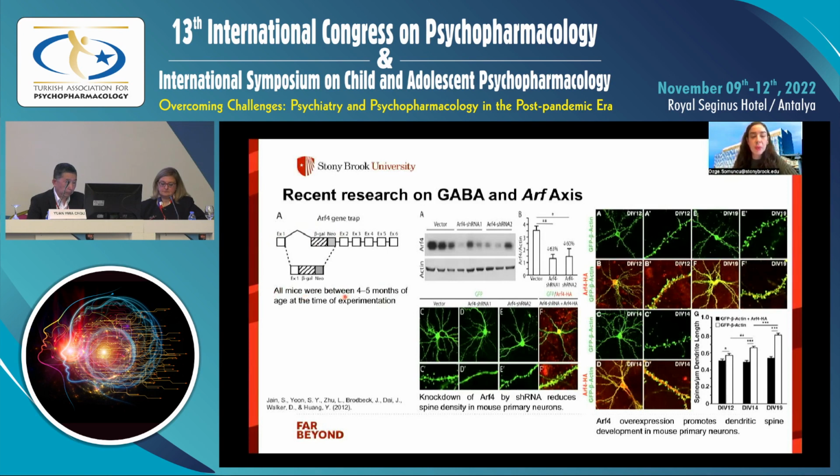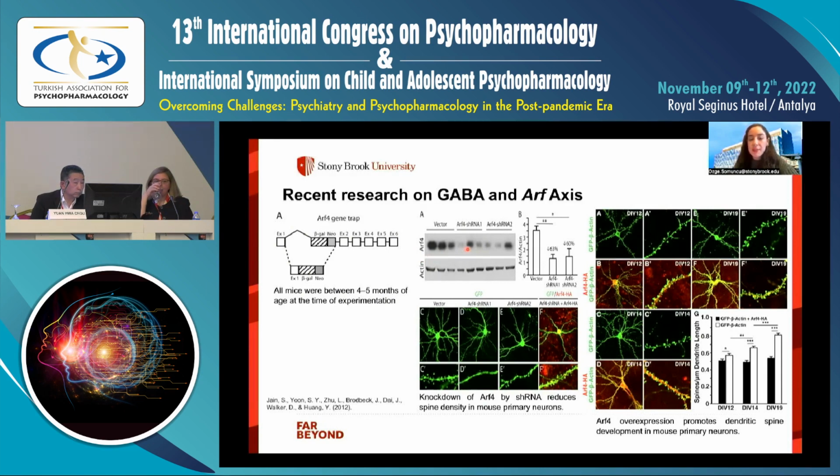All of the mice were between 4 or 5 months of age at the time of experimentation. They basically trapped exon 1, and then they had these loss of function mutants. And as you can see in their vectors, with the shRNA, the knockdown mouse models were indeed knocked down.